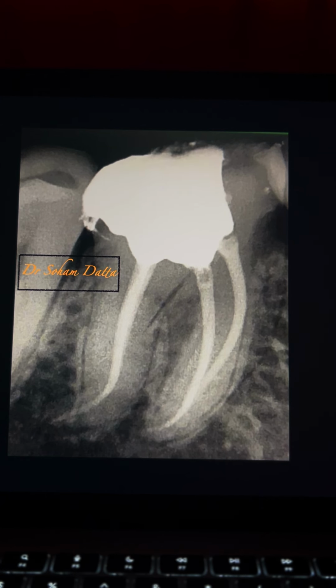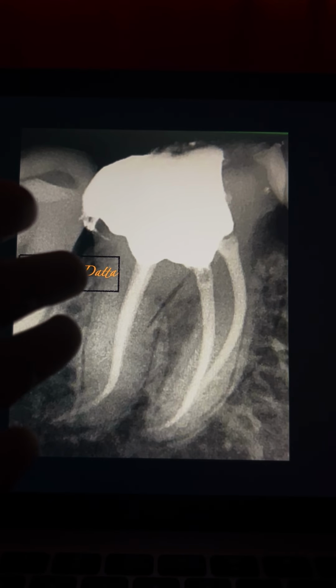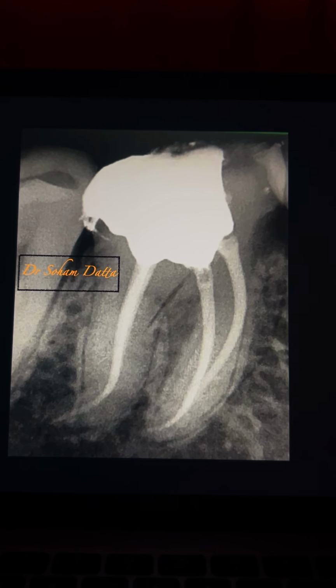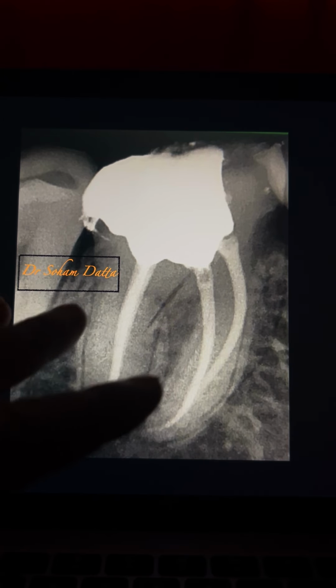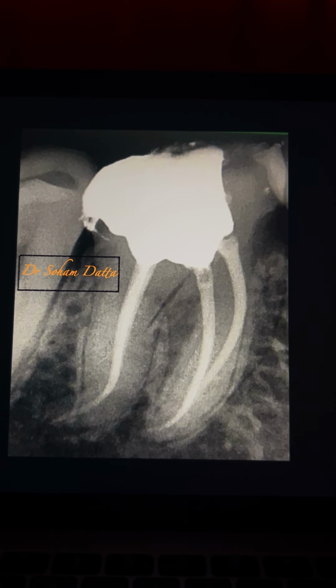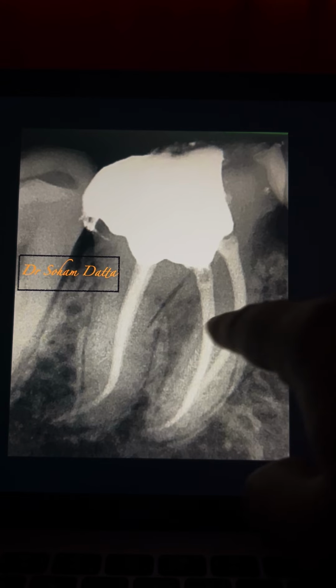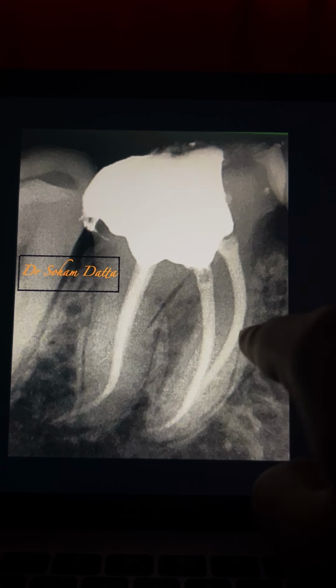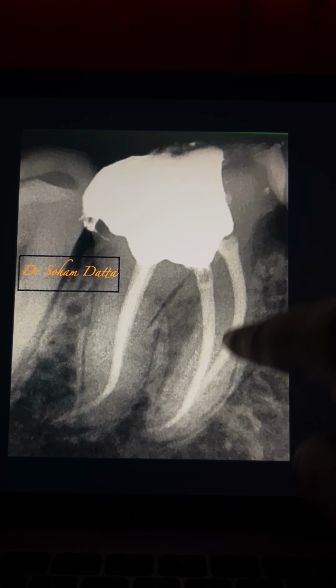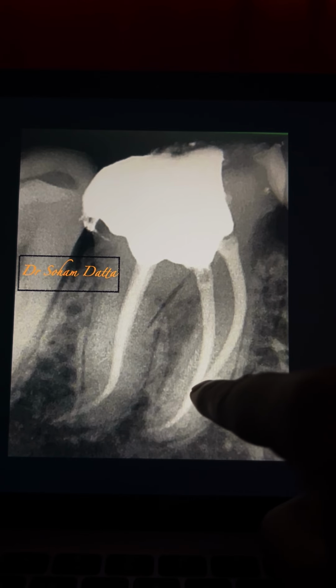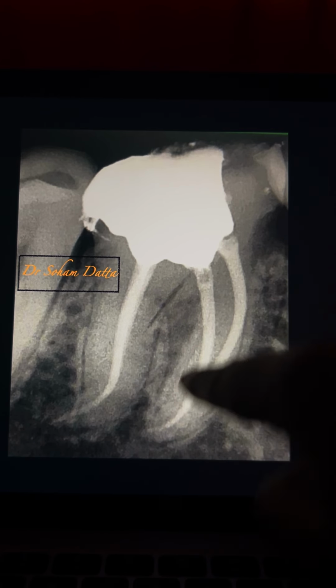Now this is another angulation of the obturation of this lower molar. It is taken more distally to appreciate the GPs better, because they are a long way from each other. This is the mesiobuccal, merging with the mesiolingual. This is the full length mesiolingual.